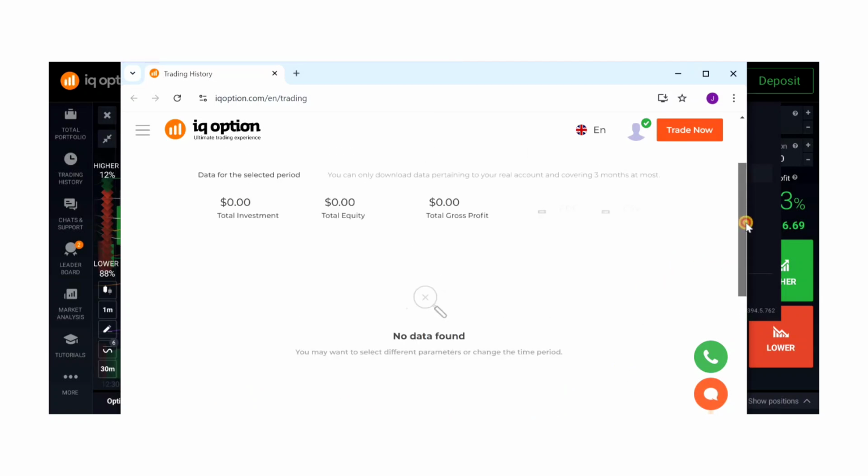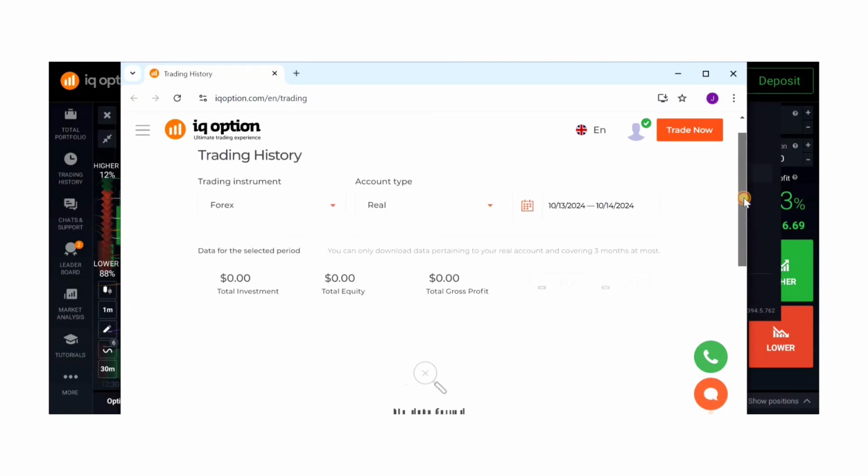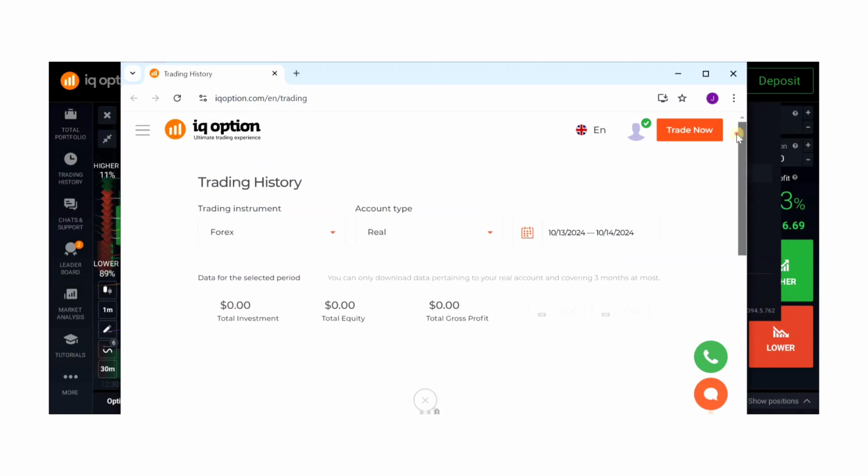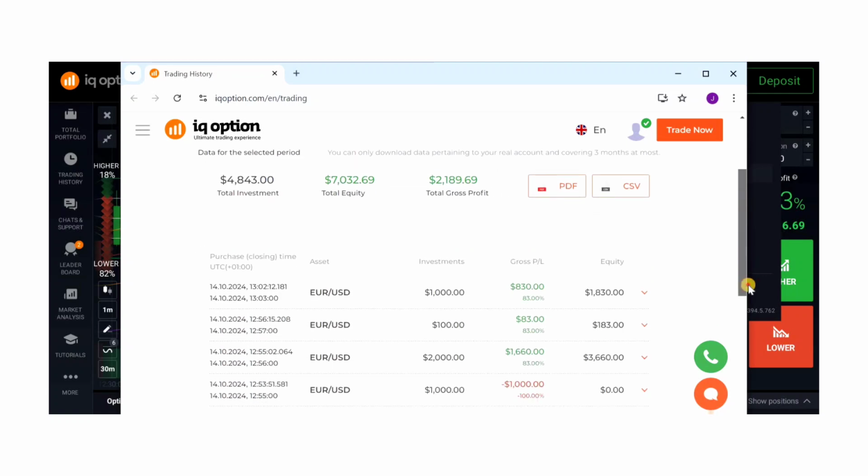Oh, it's not showing here. Okay, it's on Forex. I'll put it back. Okay, it was on Forex. So, yes, this is what we got.